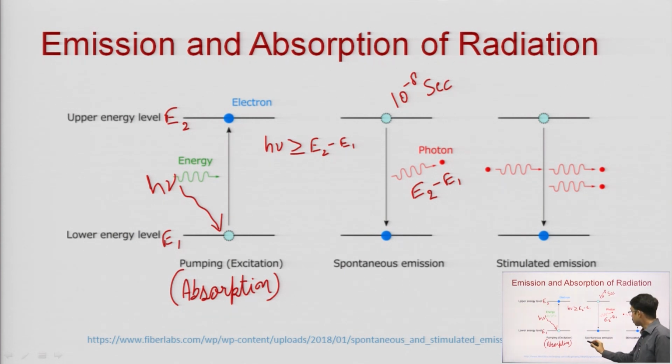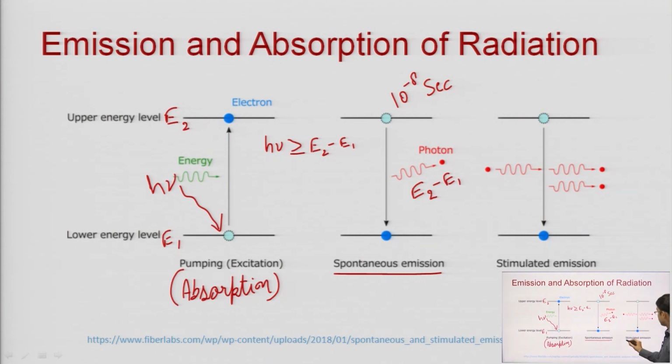This process is called spontaneous emission. Okay? Spontaneous emission. So, emission is of two types, one is spontaneous emission and the second is stimulated emission that we need for lasing action, to perform lasing action.